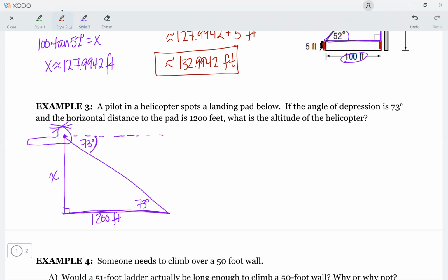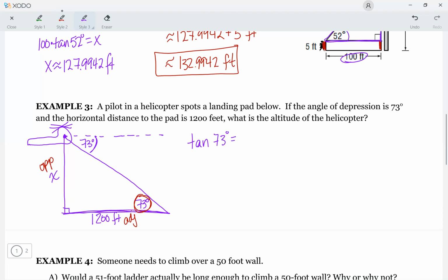Alrighty, so again, I'm going to do everything in reference to the angle that's inside the triangle, which means my x is my opposite, my ground level is my adjacent. So that means we are going to be using tangent again. Now, are we always going to use tangent on all of our problems?